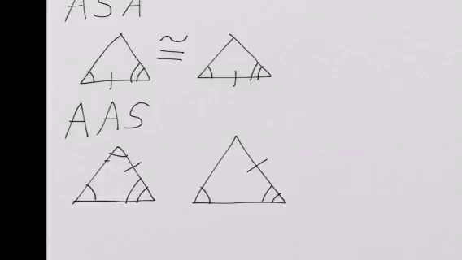So since they have equal measure, we know the angles at the top are congruent. And now, by angle, side, angle, we know the triangles are congruent.